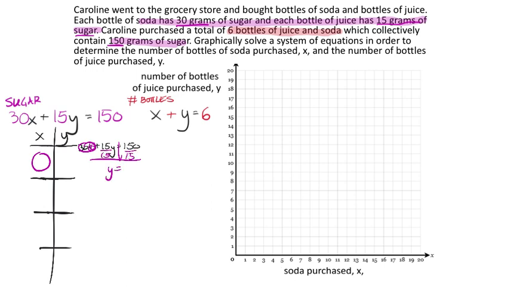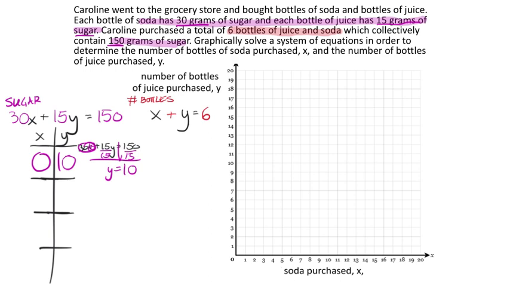So that would be Y equals 10. So that would be the ordered pair, 0, 10, meaning if you get 150 grams of sugar, then you could have bought 0 bottles of soda and 10 bottles of juice. But we know that's too many, right? It doesn't fit 6. We need a total of 6 in here.